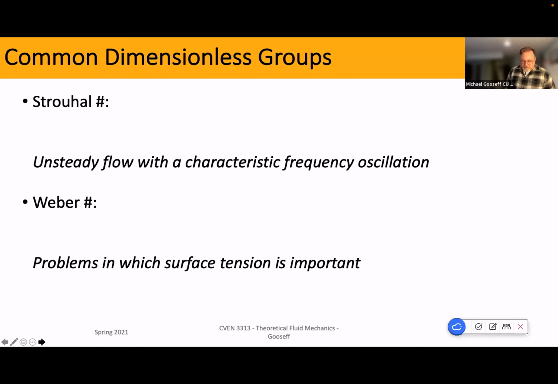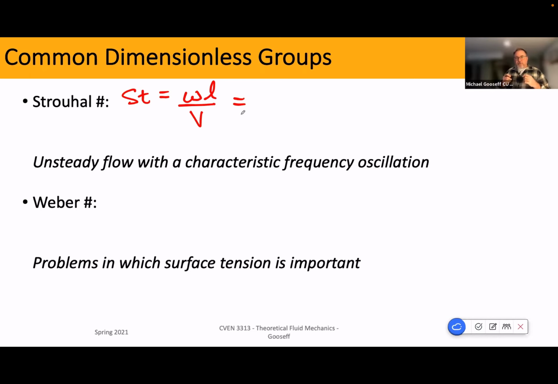Okay, I think these are the last two. The Strouhal number is represented as St. It's equal to omega times L over V, where, remember, go back to the rotating sprinkler heads. Omega here is the velocity of that sprinkler head, and V would be like that whole sprinkler moving somehow, right?